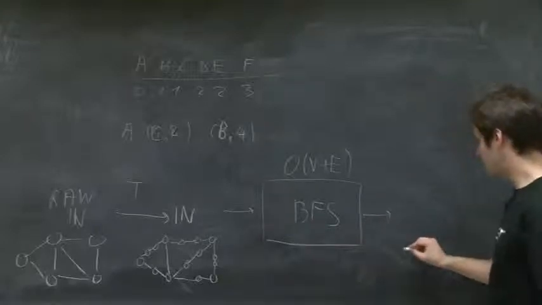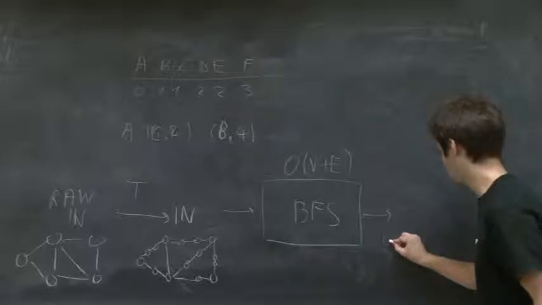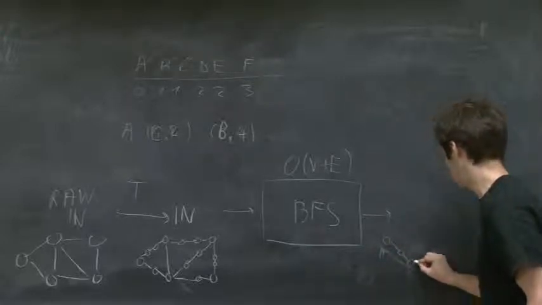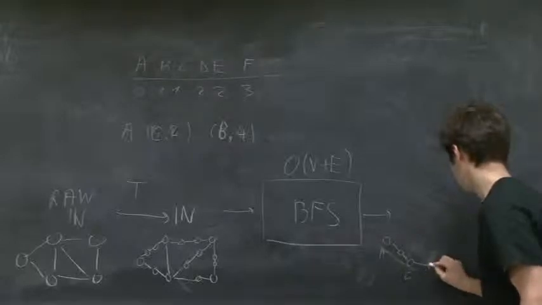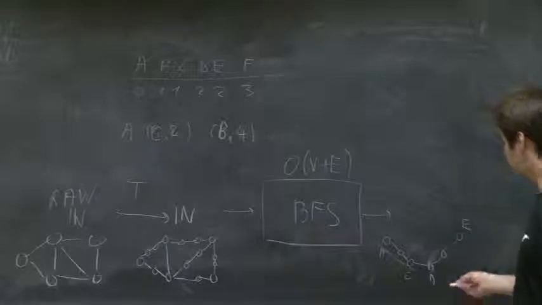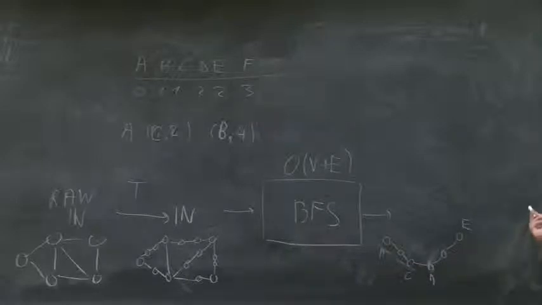So then BFS is going to give us a path, right? And the path is going to look like this. It's going to be A, fake node, C, D, fake node, E. If you give this back to the guy who gave you the problem, they're going to be like, what are these fake nodes? I don't know anything about them.